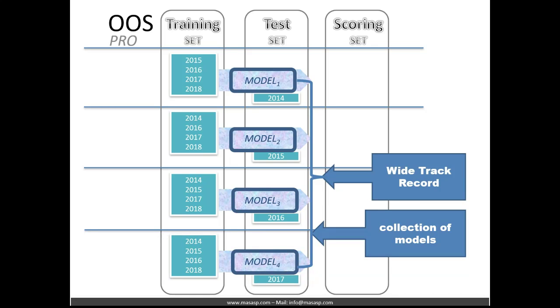This way, we wind up having a track record which doesn't strictly refer to a single model, but to a collection of year-specific models.